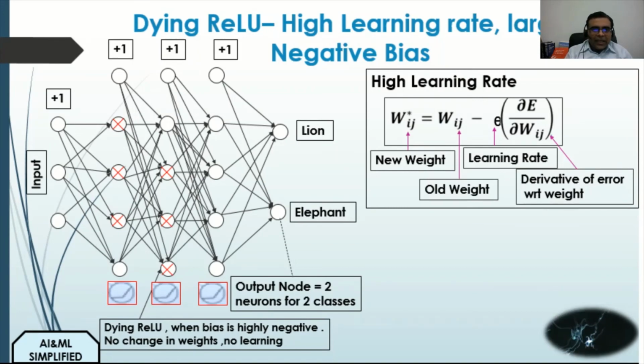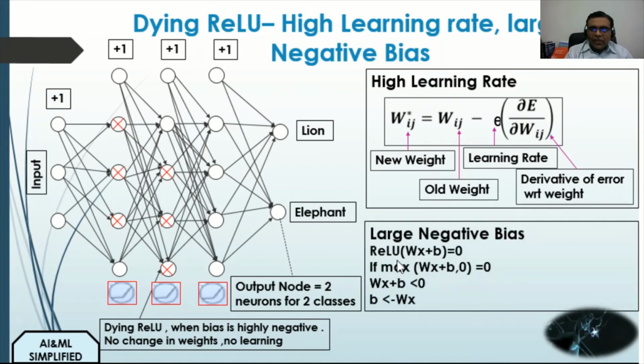So if the learning rate is a very high value, the new value of the weight becomes highly negative, which results in negative input flowing into the ReLU node. And as we know, once a negative input flows into the ReLU node, the output from there is 0, and it causes the dying ReLU problem, and the node is not participating in the network.